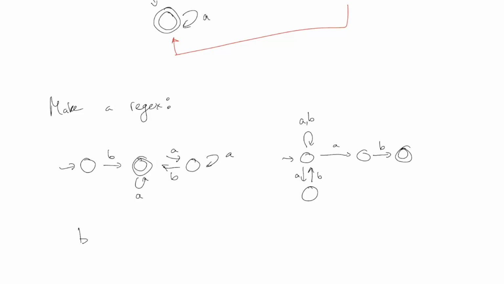First A star for the little loop? Yeah, so I would write that as the little loop and then plus with the other loop, because you can do either one, and you can. Yes, that's great.